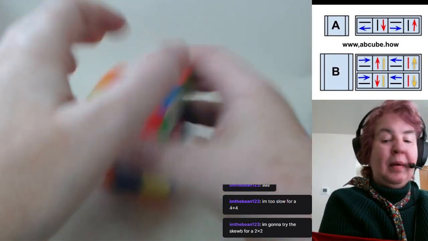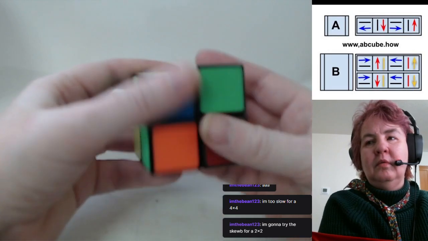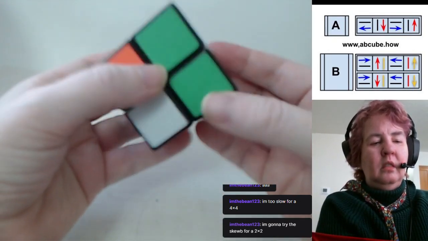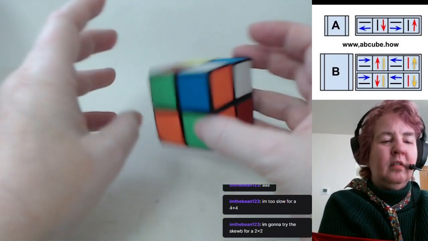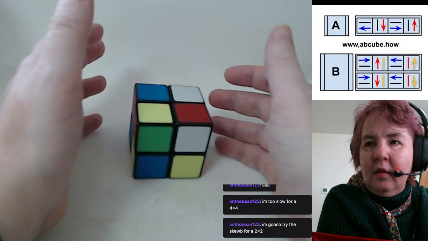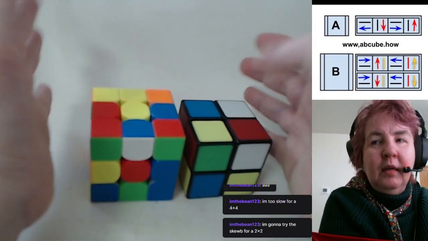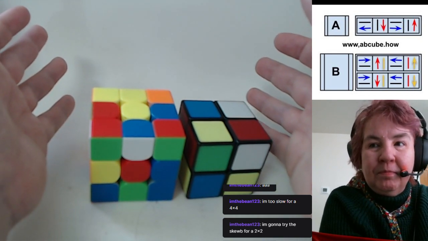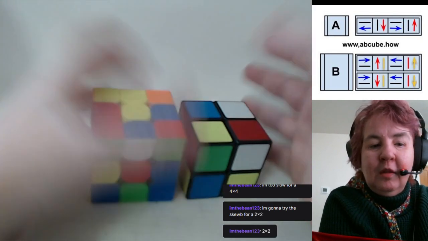Okay. Oh, what, my 2x2? You want me to do 2x2? So hard to scramble. Okay. Am I doing the 2x2 or the 3x3? Or both? 2x2. Okay.